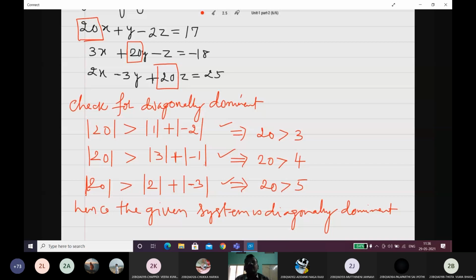That is the way. So, satisfied. Now, rewrite the given equations.